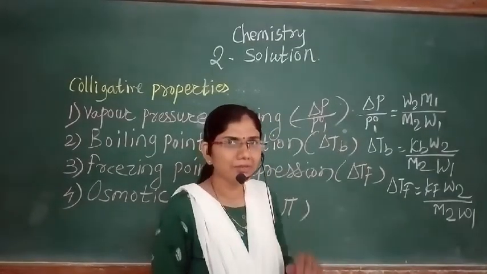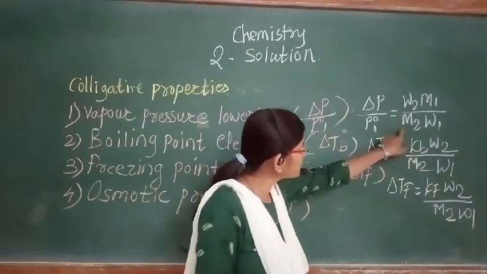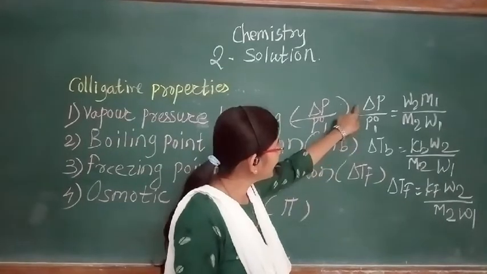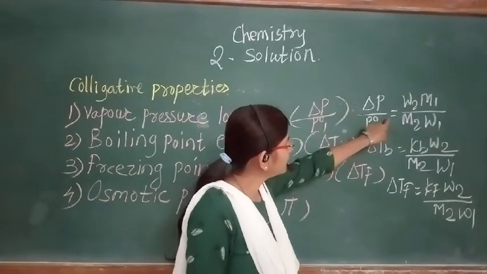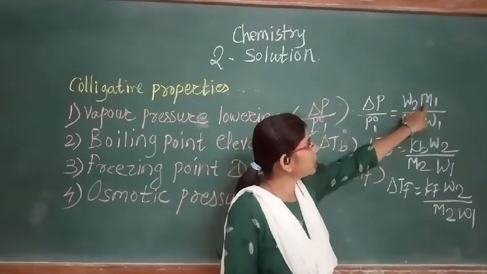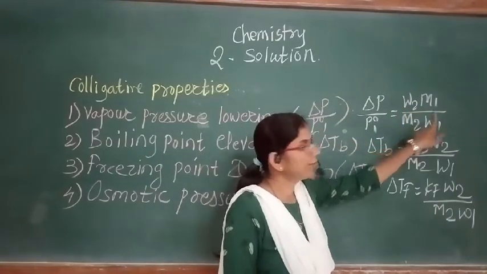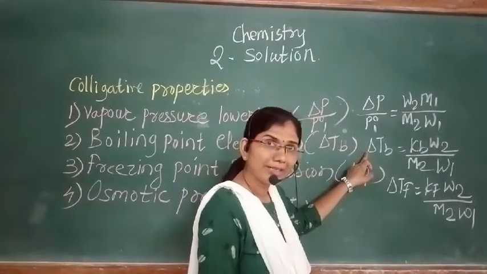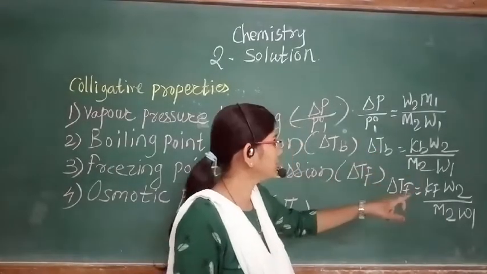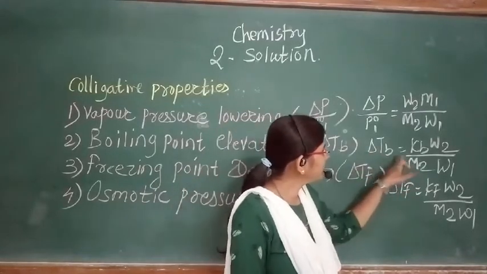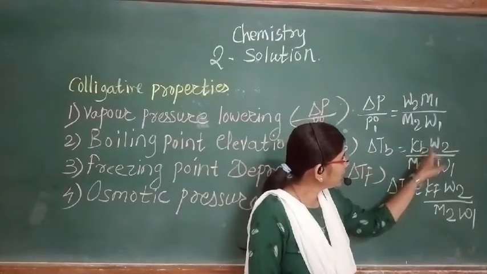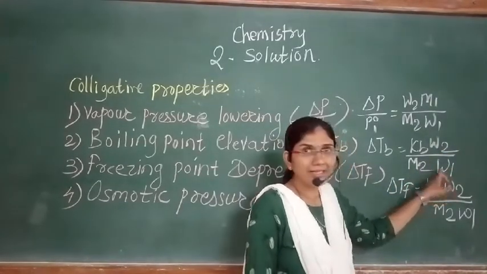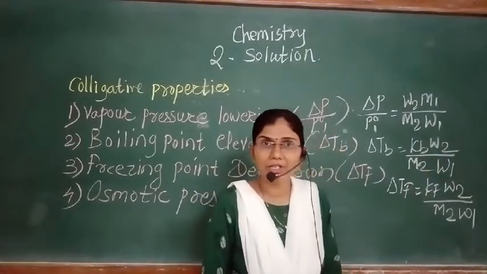In that we have seen the relation between molar mass of the solute and the relative lowering of vapor pressure as delta P upon P naught 1, which is equal to W2 M1 divided by M2 W1. The relation between elevation in boiling point and the molar mass of the solute as delta TB, which is equal to Kb W2 divided by M2 W1, where Kb is the molal elevation constant.